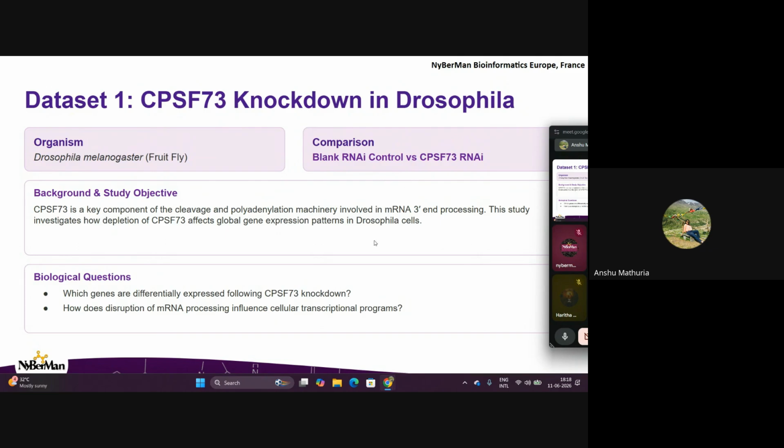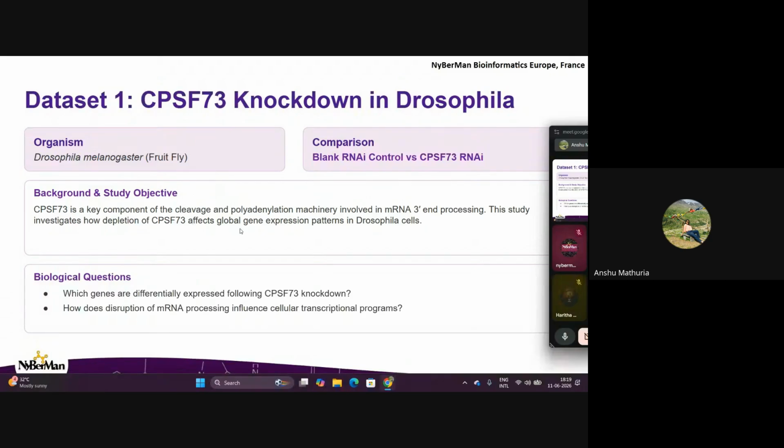What I want you to understand behind this study is that CPSF73, this particular knockdown that we are doing in Drosophila, is a critical component of the cleavage and polyadenylation machinery involved in mRNA 3' end processing. If mRNA 3' end processing needs to happen, then this should be present because it is going to cleave and do the polyadenylation.